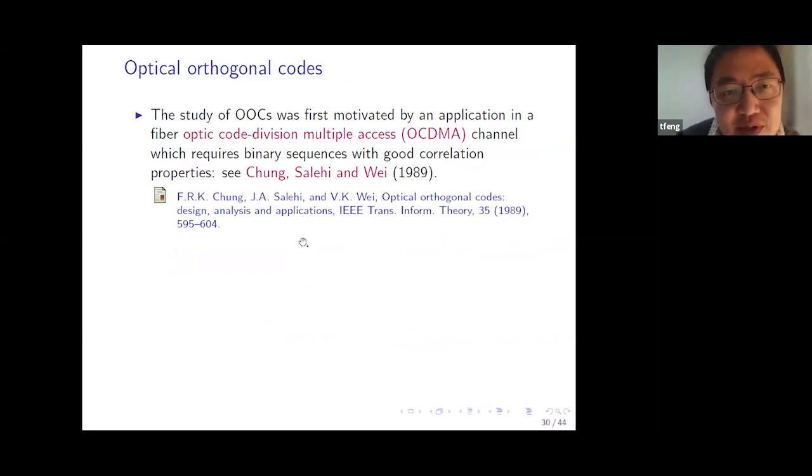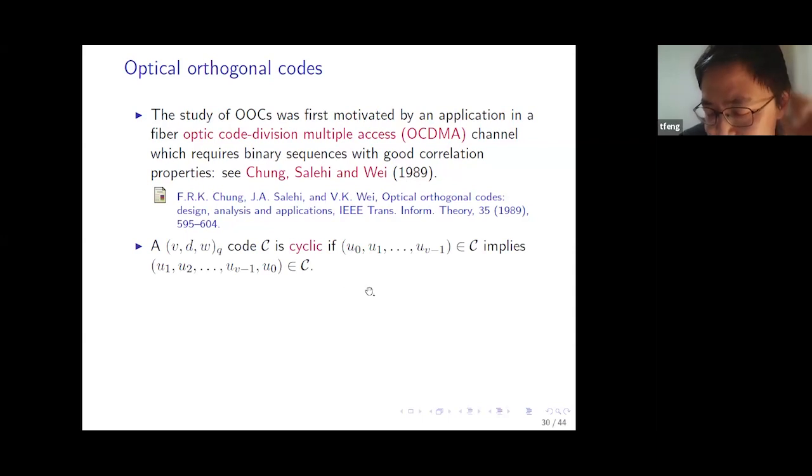First, I will show the optical orthogonal code. This code can be used in OCDMA and was first systematically investigated in 1989. Here I just want to give a simple definition for OOC. I will not use the original definition. First, we recall the notation of a V, D, W, Q code.